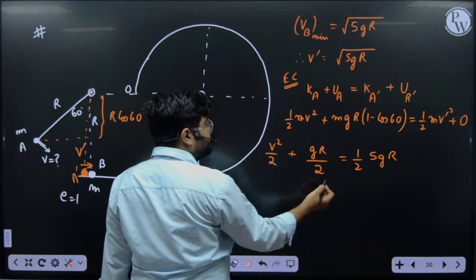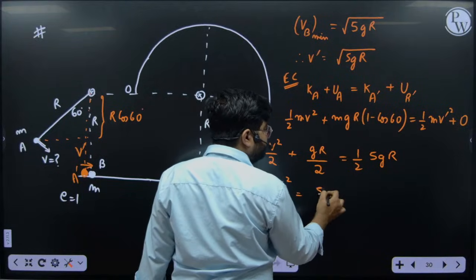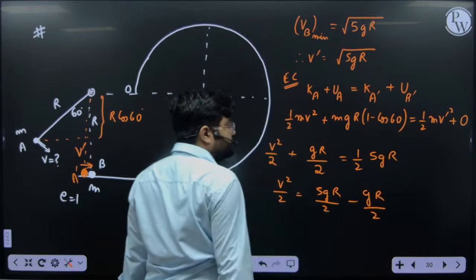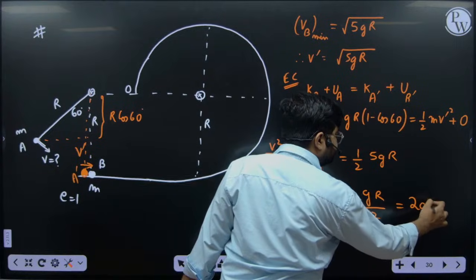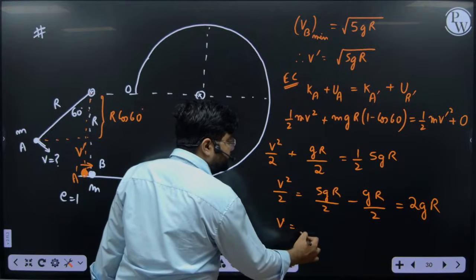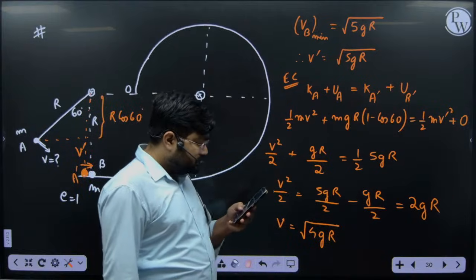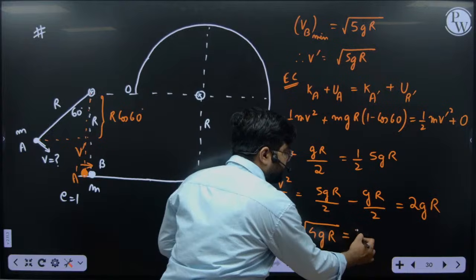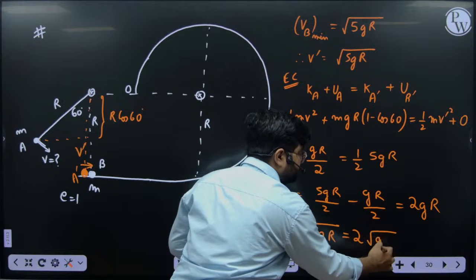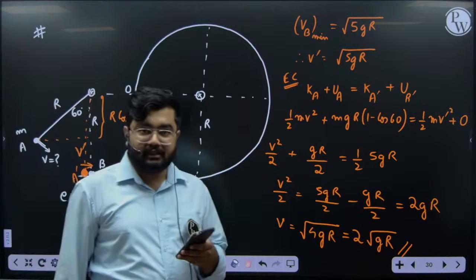Now this will go that side, so v square by 2 becomes 5gr by 2 minus gr by 2, so this is 2gr. So v comes out as under root 4gr, which can be written as 2 under root gr, and this is option number 1 given in the paper.